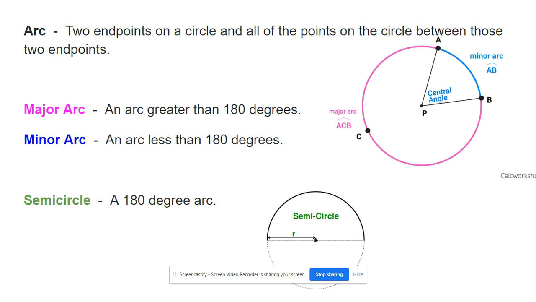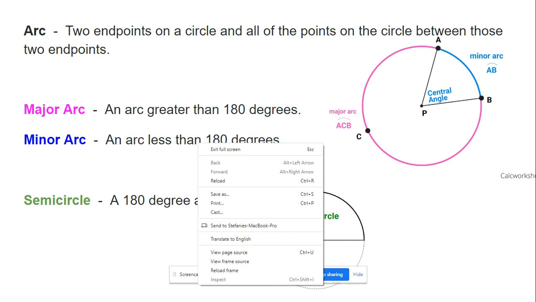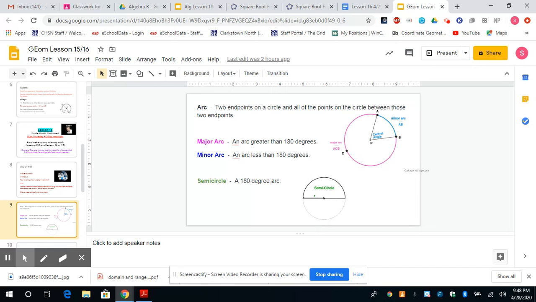So we know that a semicircle is 180 degrees, so it has a 180 degree arc. So this whole arc right here, and I want to see if I can write on this, this whole arc right here is 180 degrees. So if I have anything smaller, this little thing is smaller than 180.